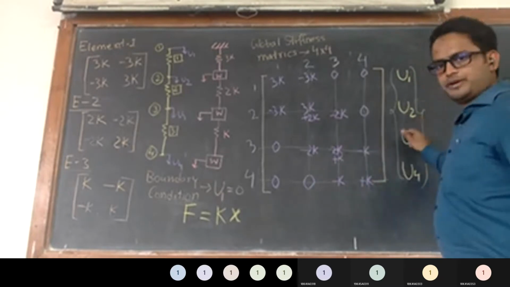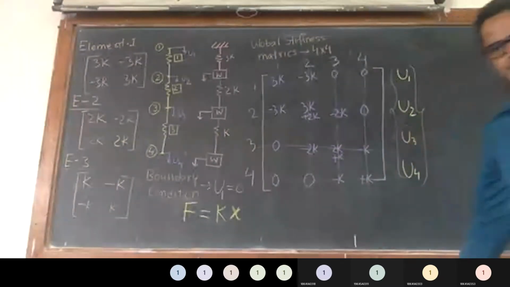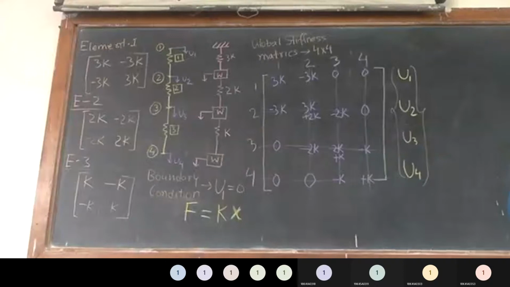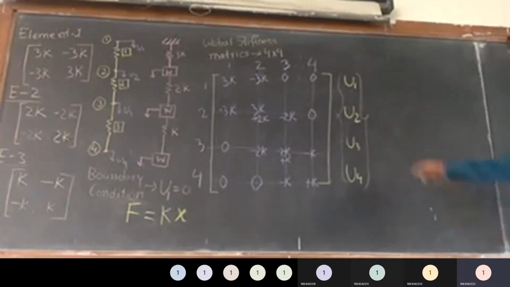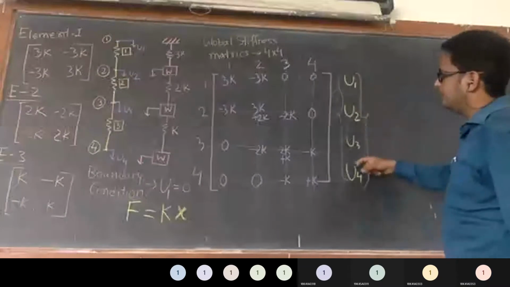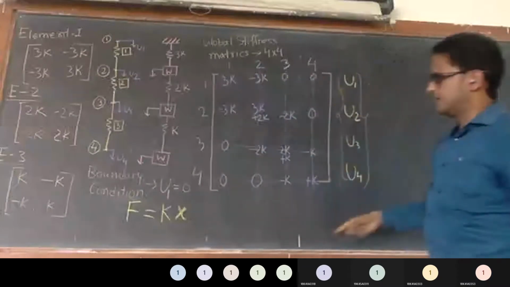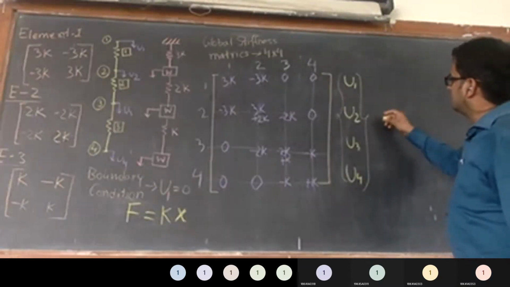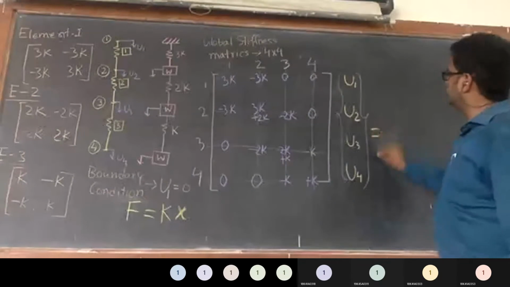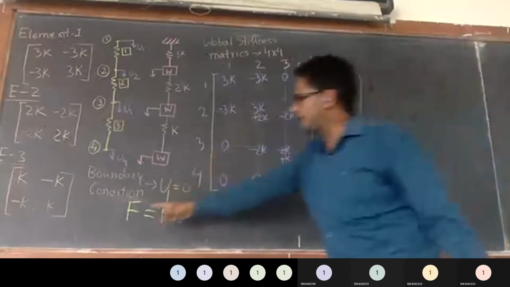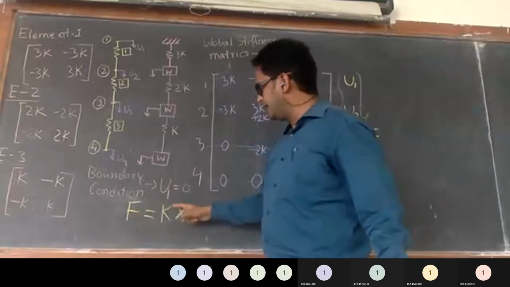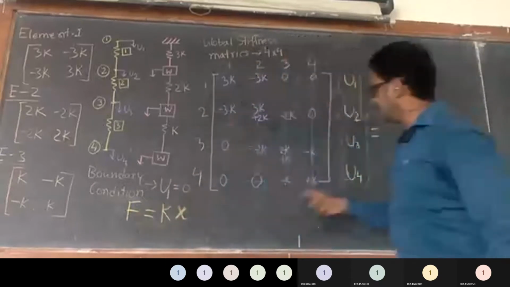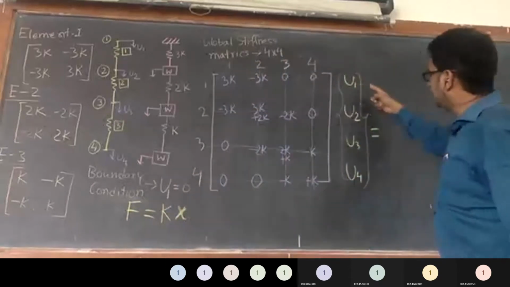Is this part coming to your video frame? Yes, sir. Okay. So this is the displacement value. This is your stiffness matrix. Now, this will be equal to your force matrix. Like here you can see I have written F equals K into X. K we have written, X we have written.